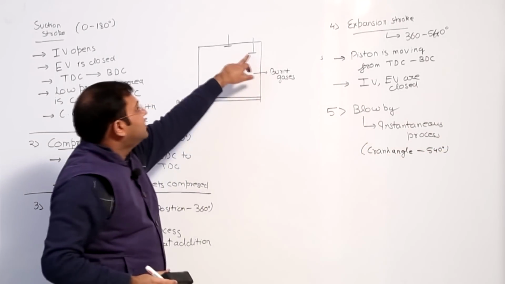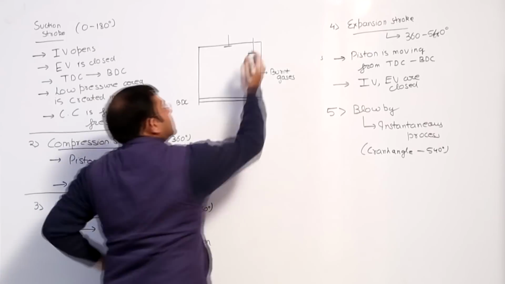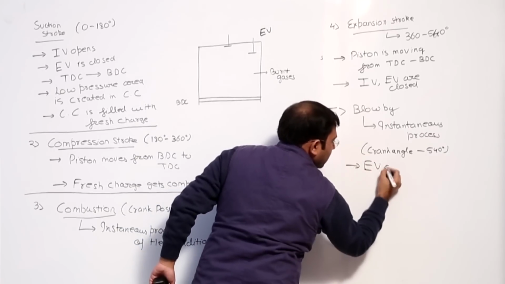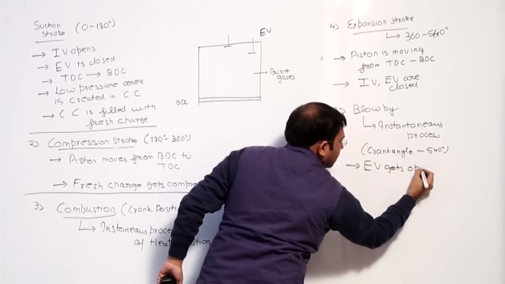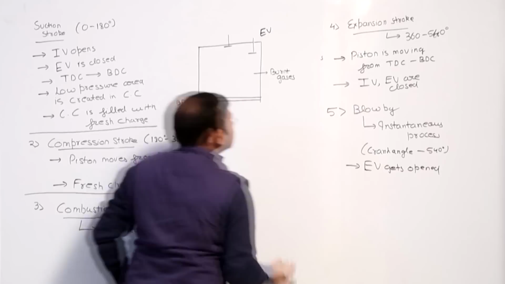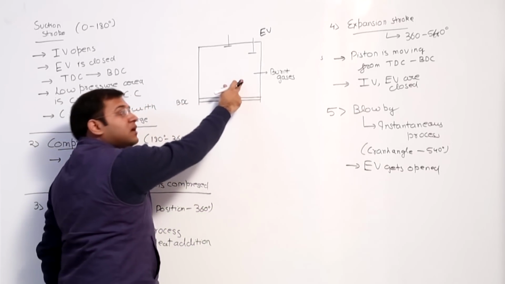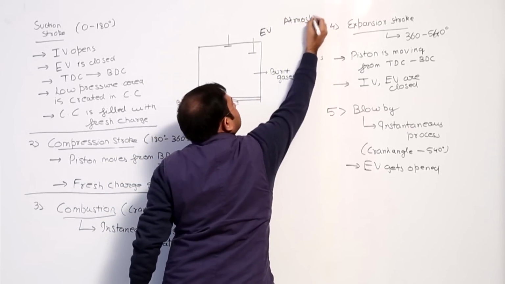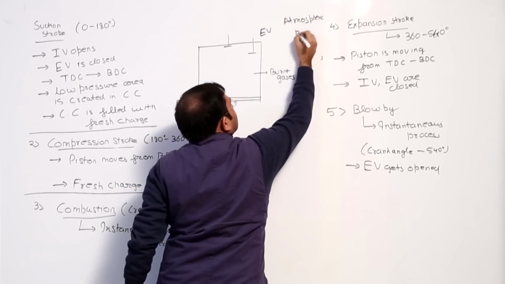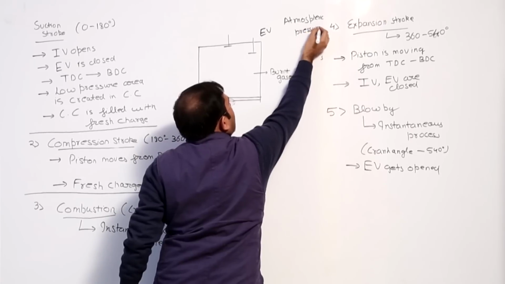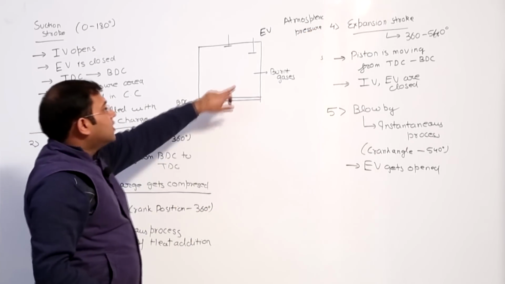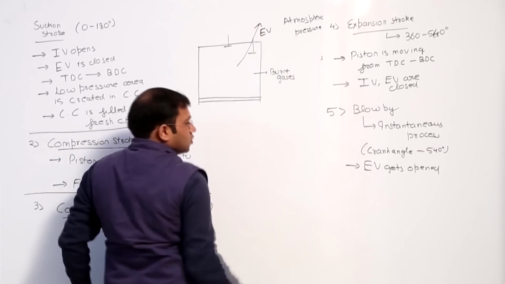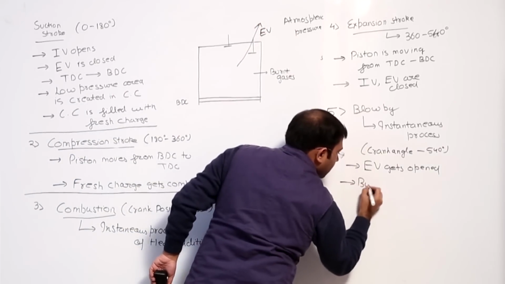Now see what happens in blowby. The exhaust valve gets opened. Here there were high pressure burnt gases and here it is atmospheric pressure. Now due to this pressure difference, the burnt gases will escape from the exhaust valve. So what is happening?